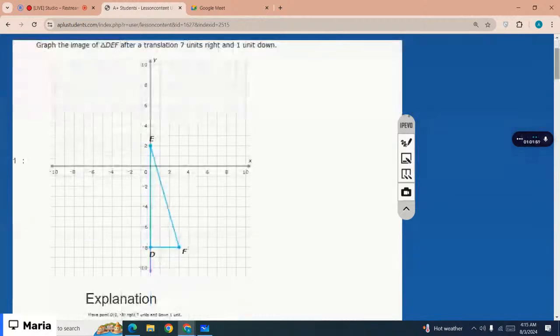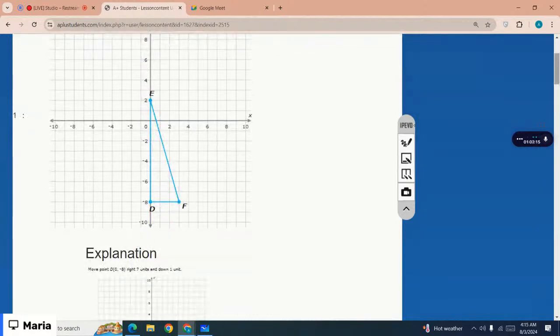Graph the image triangle DEF after a translation 7 units right and 1 unit down. So you have to translate this triangle 7 units right and 1 unit down, right? So basically when you translate a whole image, you have to translate all the coordinates of the image.